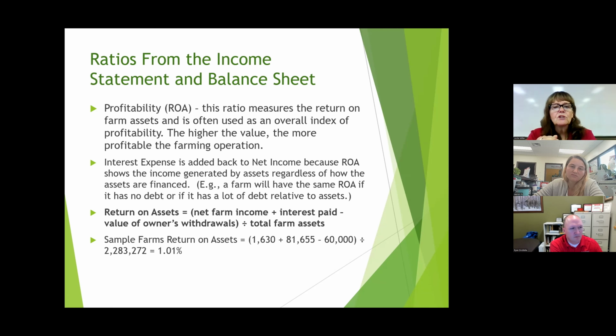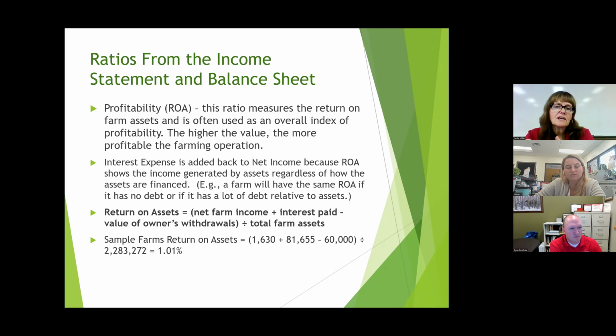So if I look at that, net farm income of $1,630, and I add back that interest of $81,655, and then what I usually do is I subtract out family living expense. Technically, there's a calculation that you should make that accounts for so many hours of labor and so much return to management, but that's pretty complex for most banks.